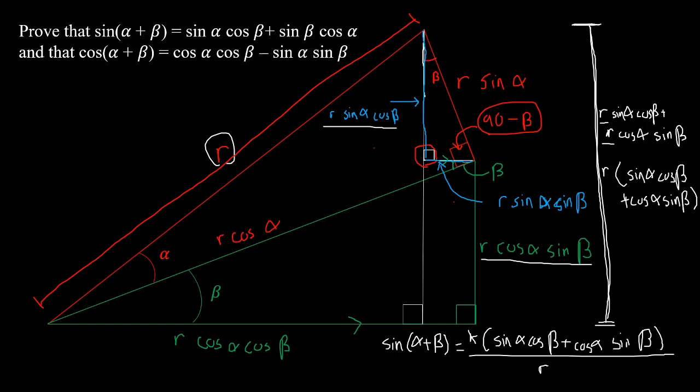Notice the r's cancel out. So we get that sine alpha plus beta is equal to sine alpha cosine beta plus cosine alpha sine beta, which is the same as this equation over here. So that's the proof of the sine angle addition.